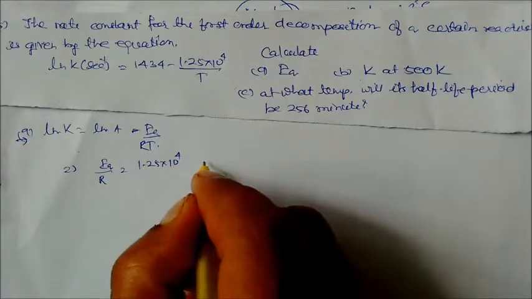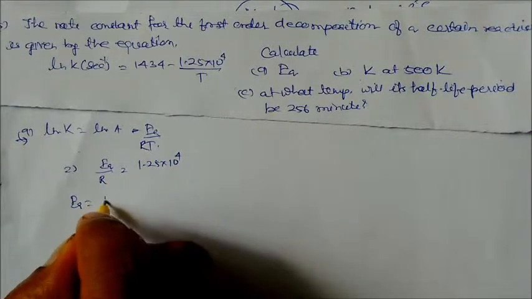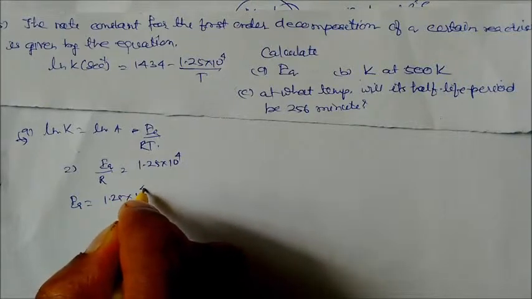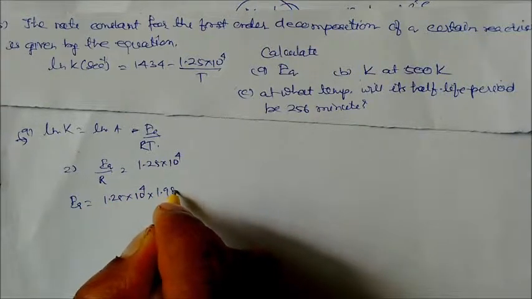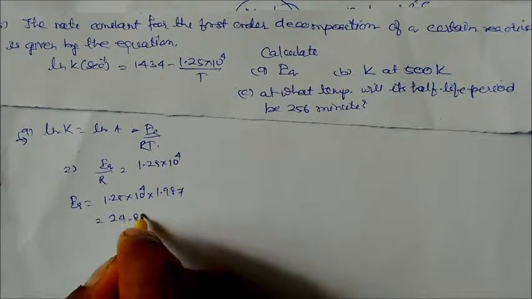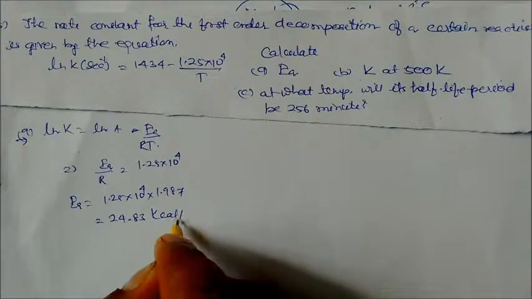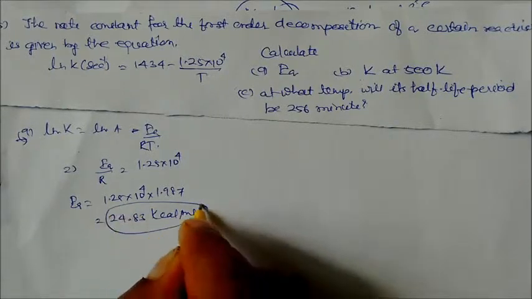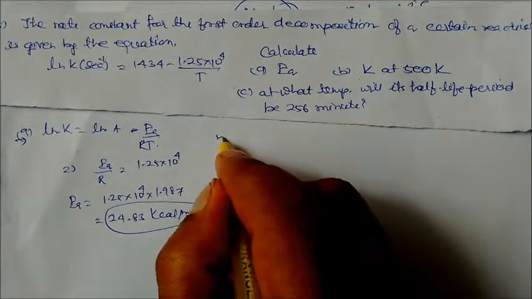The R value we know very well. So here EA is equal to 1.25 into 10 to the 4 into 1.987. So you will get the value 24.83 kilocalorie per mole. So part A is over. Now come to part B.